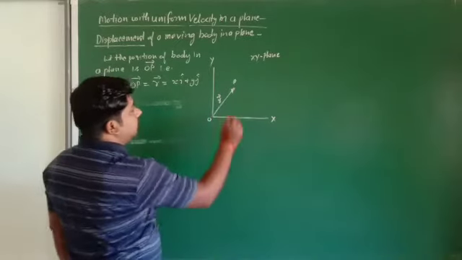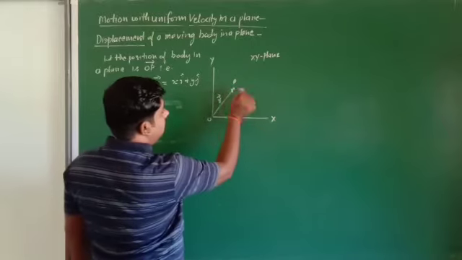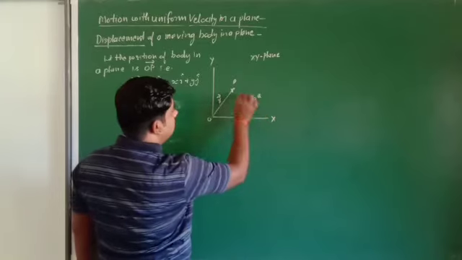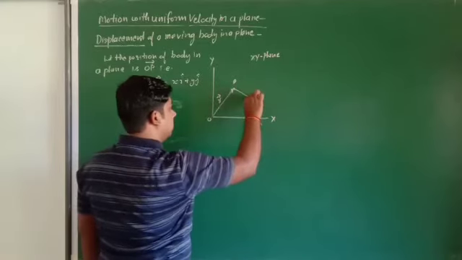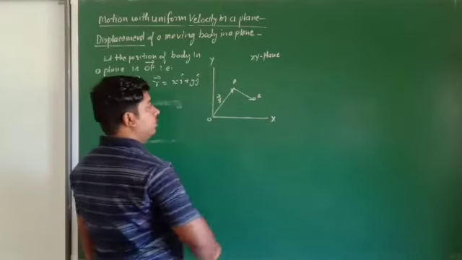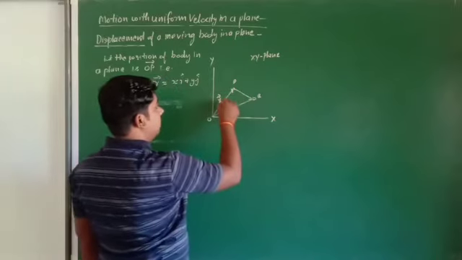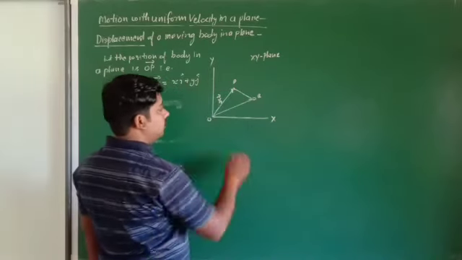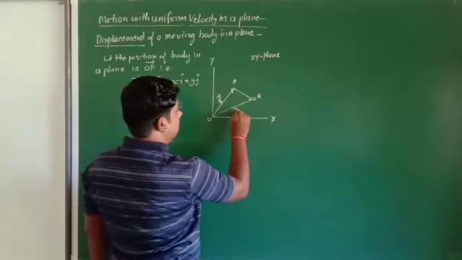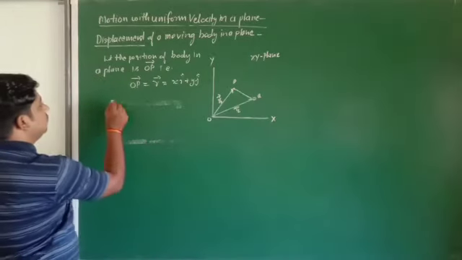For that, we consider that this object changes its position from P to Q. This is the point Q, and at this point Q it has a position vector. If we consider the position vector OP as R1, then OQ is the position vector R2.